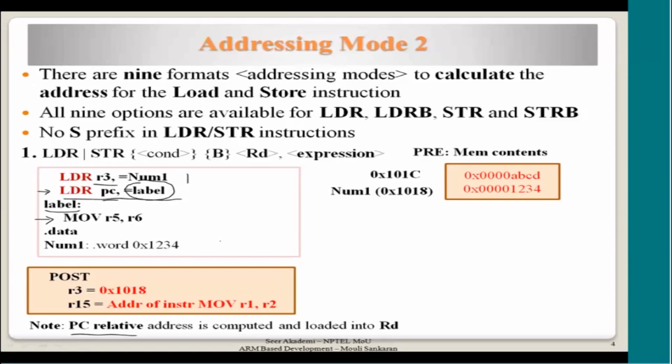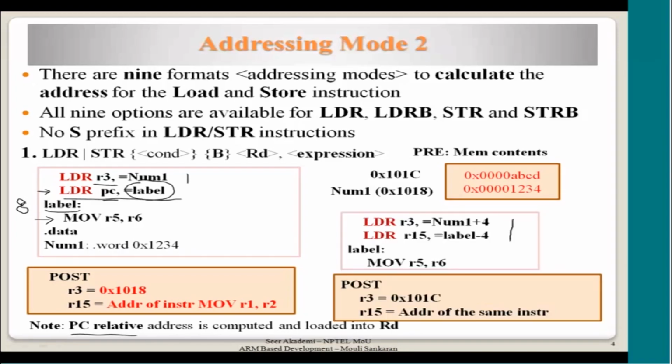Always remember, when we are using anything to do with PC, when a particular instruction is executed, the actual PC will be plus 8 because of the pipeline. The PC would have advanced by 8 bytes, and because of that you have to comprehend that in the instruction. That is done by the assembler. Now let us go to the next example.